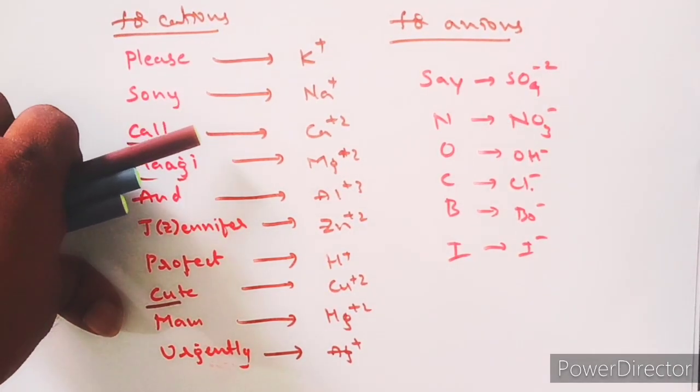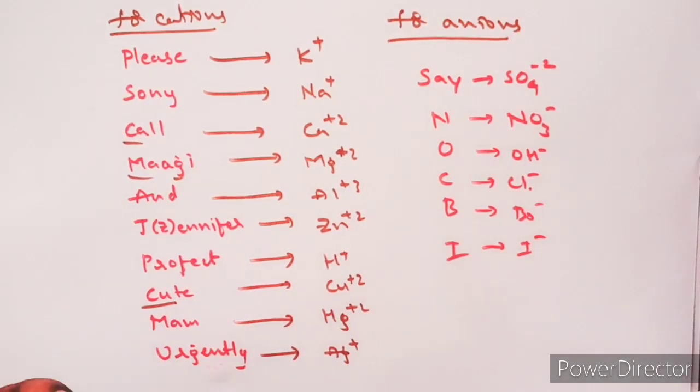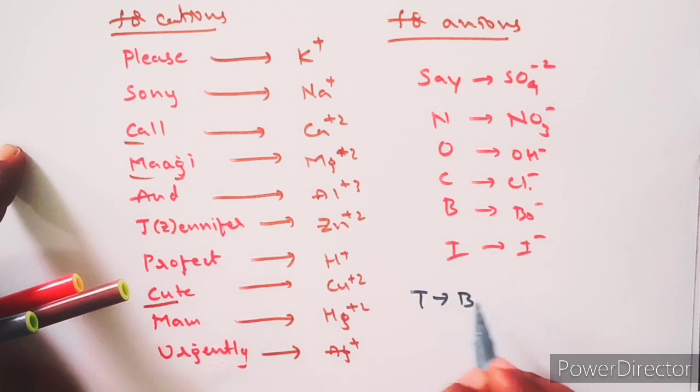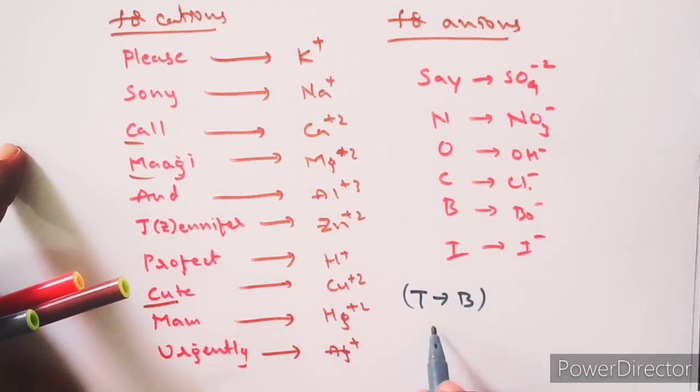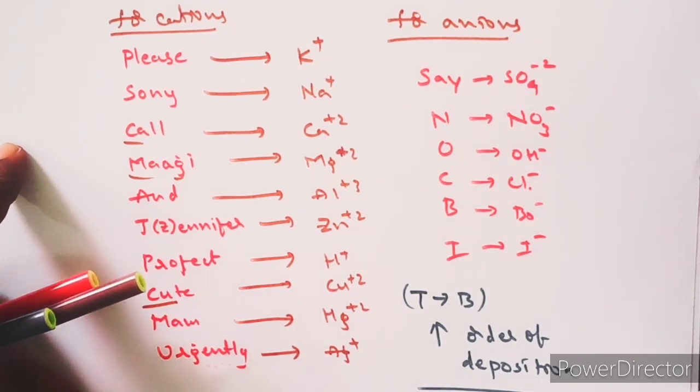That's all, guys. So this is for cation, this is for anion. Remember from top to bottom, this is increasing order of deposition. If you remember this, everything will be finished.